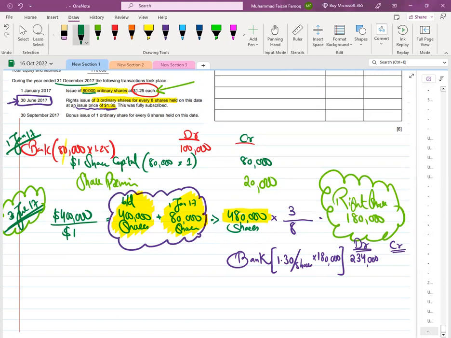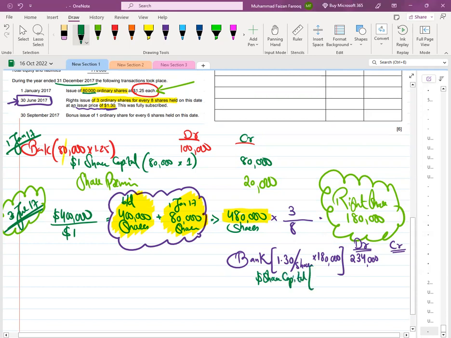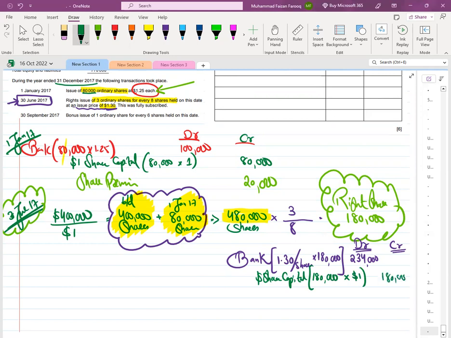Share capital is always recorded at which amount? Par value. Par value is $1. Am I right? Yes. So tell me, debit and credit have a difference. The real worth of a share is $1, which is par value, but you issued it for $1.3, which means you are getting a benefit at the point of the right issue.